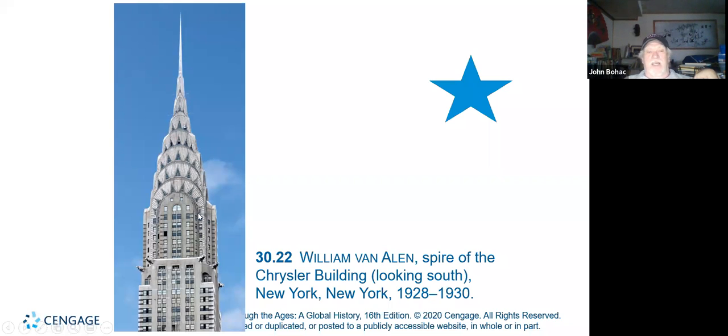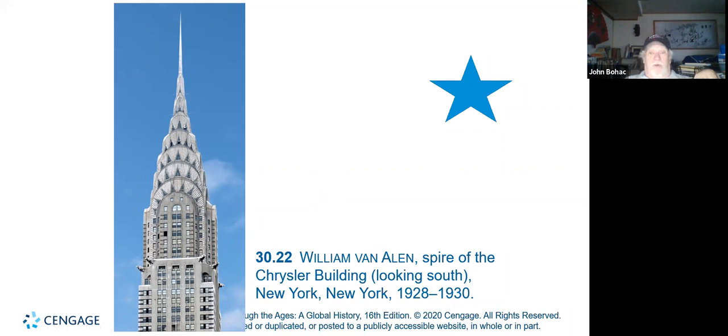And as well as the Empire State Building, this is Art Deco design. This is not only tall and magnificent, it's actually artistic as well. It's just not a pile of bricks.